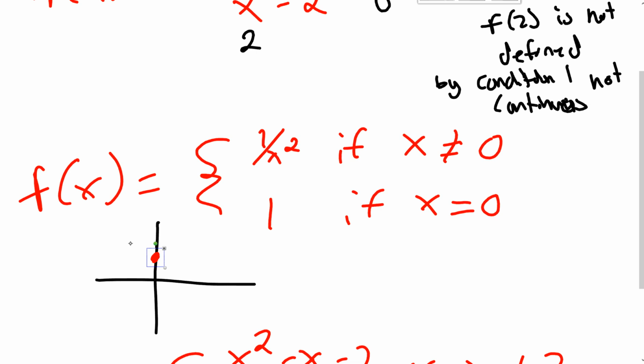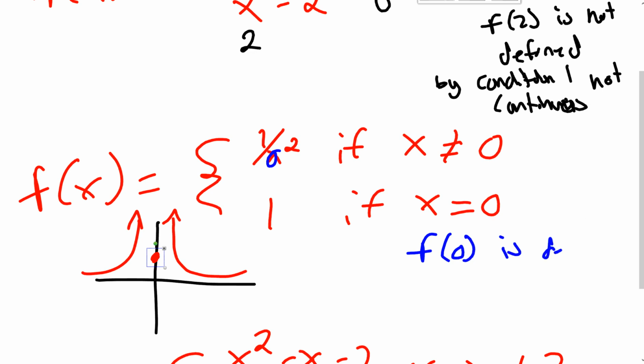So it might look something like this. If I plug in a 0 there, I'd get undefined. But I am defining it, so f of 0 is defined. So it meets condition number 1.